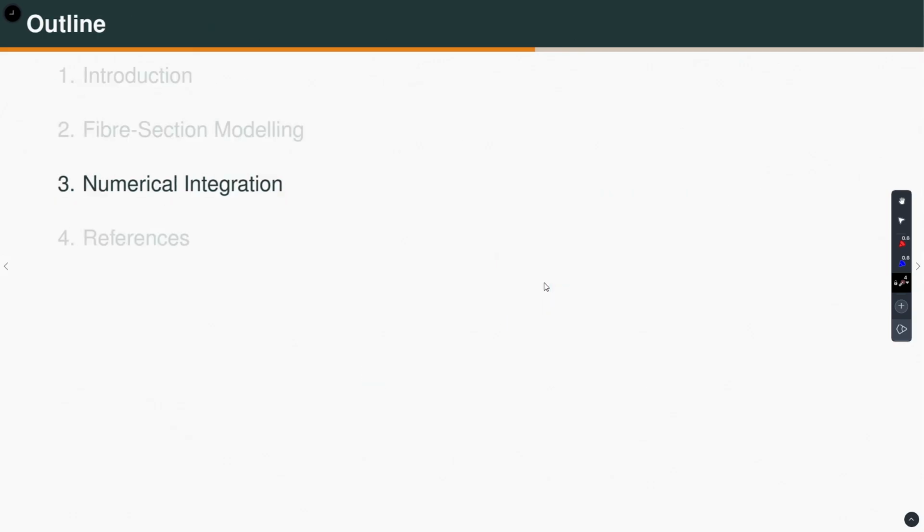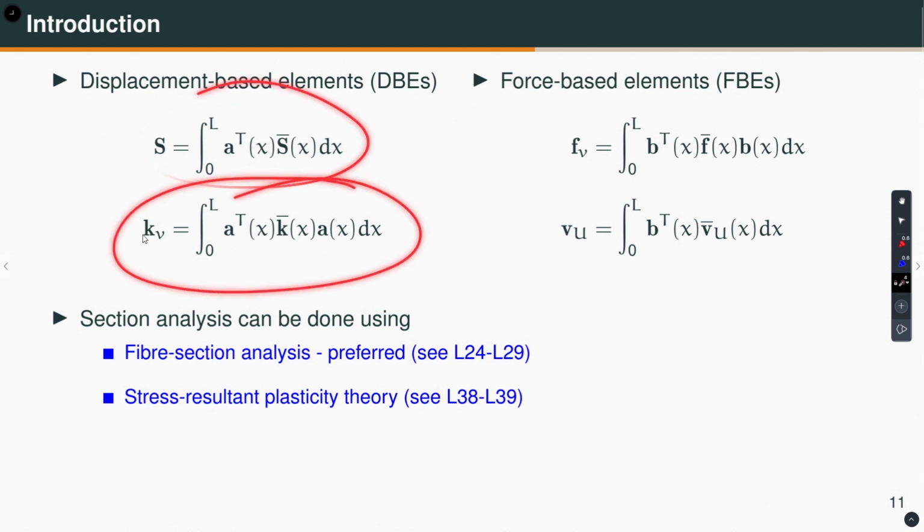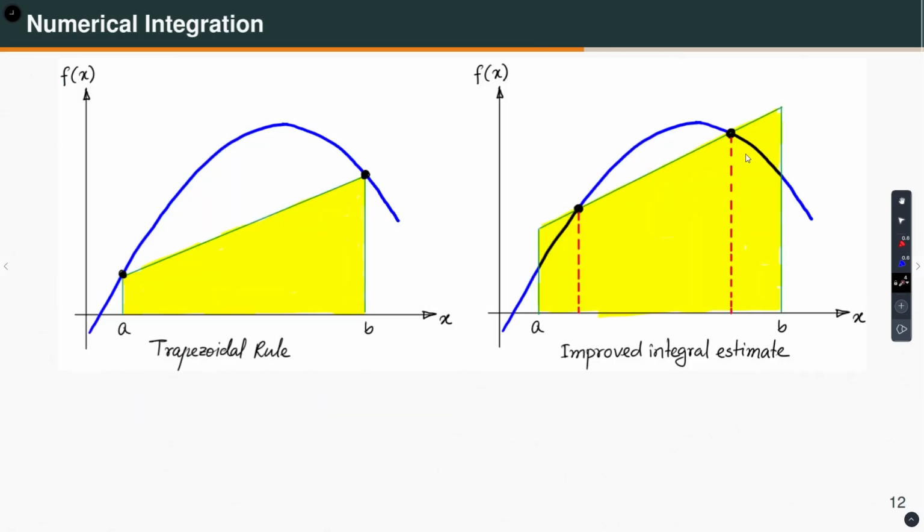Now, let me talk about the numerical integration. Again I am showing you this slide that we have to do this integration, we have to do that integration. What I have talked about so far is how to determine these quantities. So, what is the idea? If you have a function f(x), all of us know the trapezoidal rule.